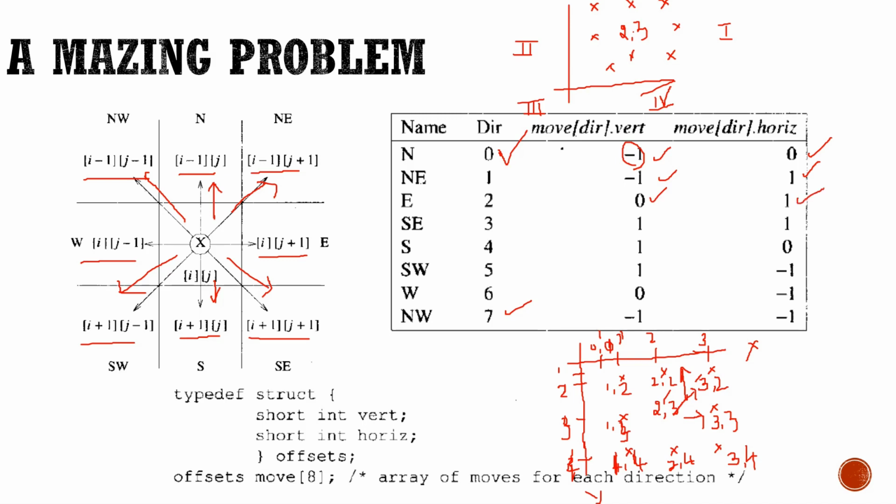In the same way, how we have done over here, your total 8 directions are marked. So that is for your horizontal and vertical movement. These offset values are represented as a structure with the vertical and the horizontal as integer values.